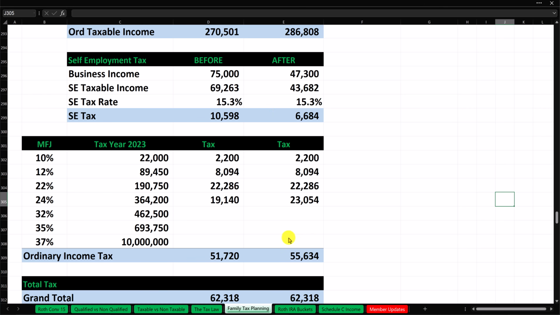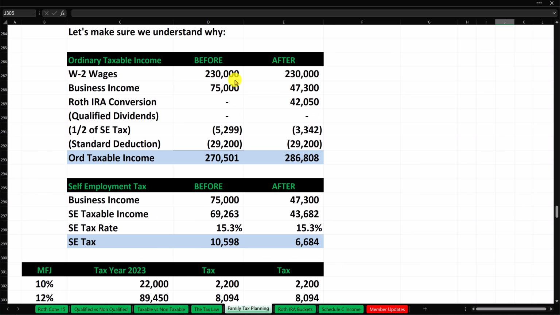And the reason we have an increase in the ordinary income tax in the first place is because in the original scenario we had $75,000 of business income, but now when you add up the $47,300 of business income plus the $42,050 of Roth IRA conversion, that total right there is actually $89,350, which is $14,350 more than this.